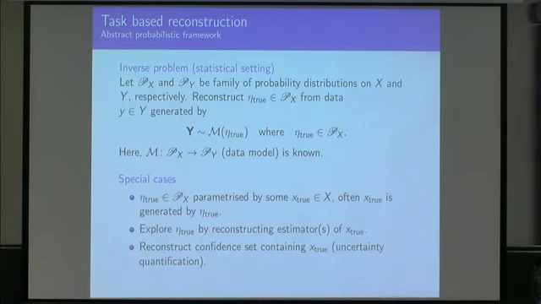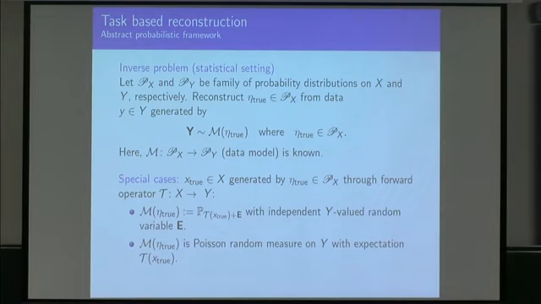But this also opens up for doing uncertainty quantification. That has been also something of interest in the field. And if we really want to relate this back to the functional analytic framework, then of course we can look at the case where this mysterious M, which is actually mapping from probability measures to probability measures, has a certain form.